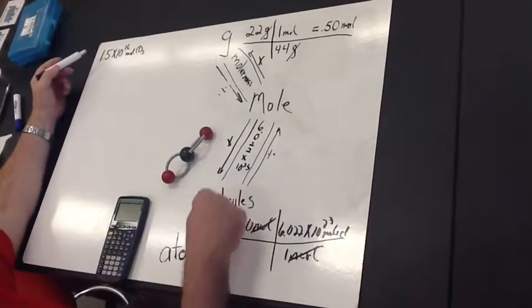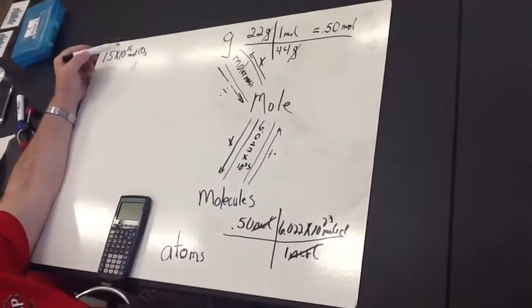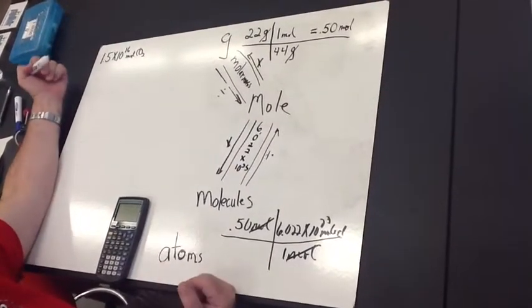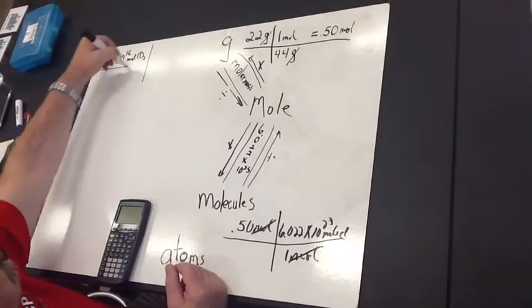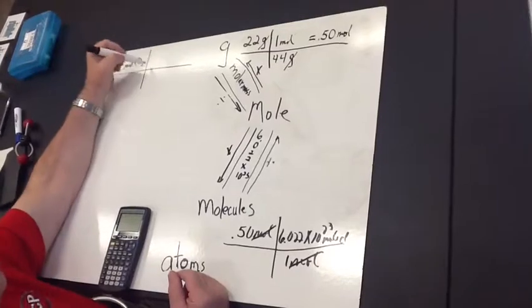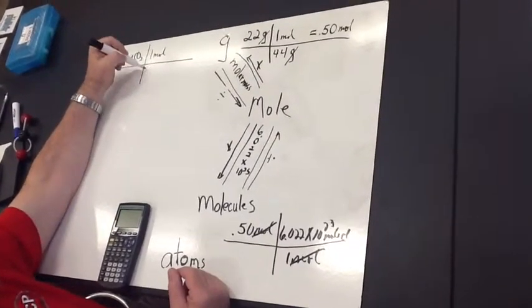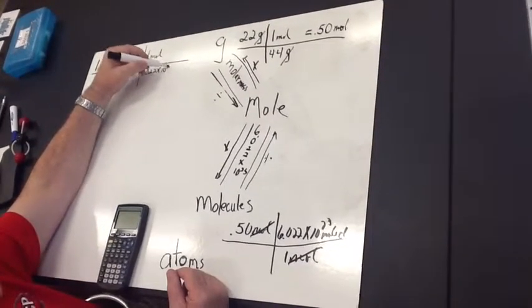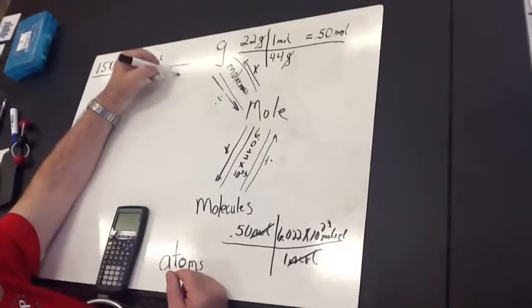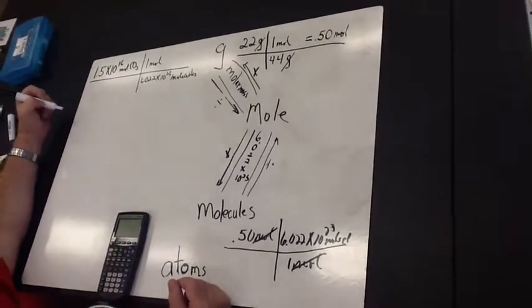Well, if we look back to our little mole house, we can see that we can't get from molecules directly to grams. We have to go through moles. So to our T-chart, and we know the relationship is 1 mole over 6.022 times 10 to the 23rd molecules. On the chart, it looks like you're going from molecules to moles.